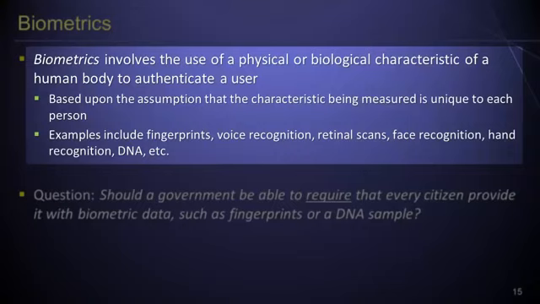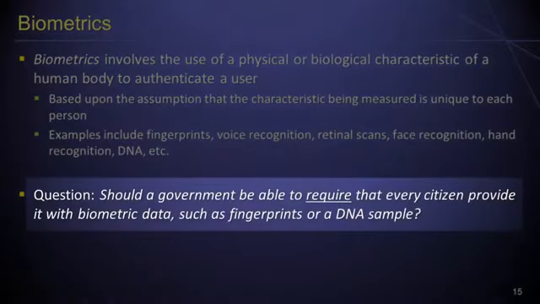And this mechanism of authentication is predicated upon the assumption that the characteristic being measured is unique to each human body. Examples of physical or biological characteristics that are used for authentication include things such as fingerprints, voice pattern recognition, retinal scans, face recognition, hand recognition, DNA, etc.